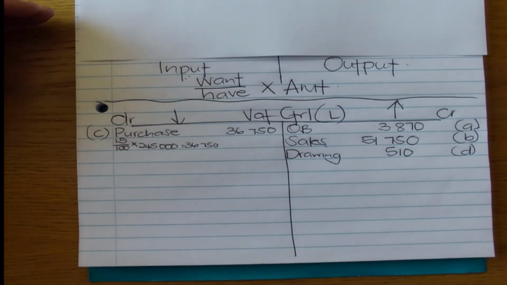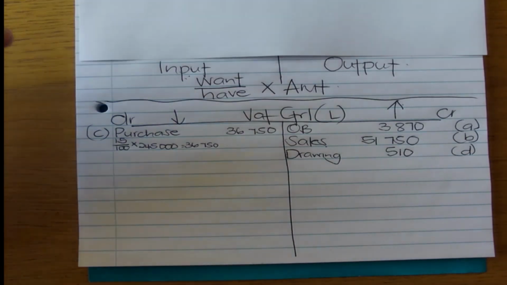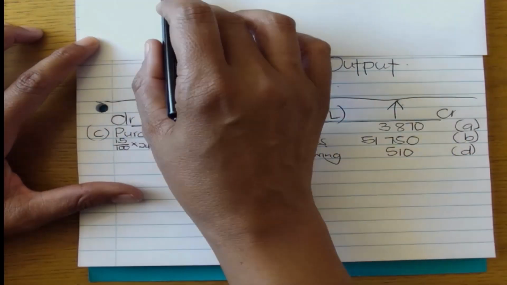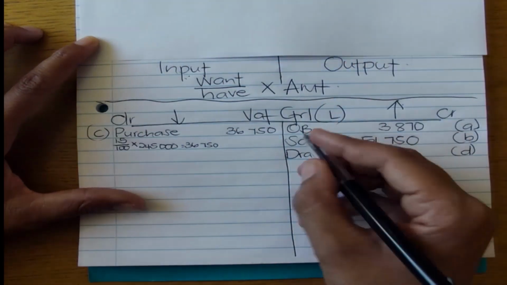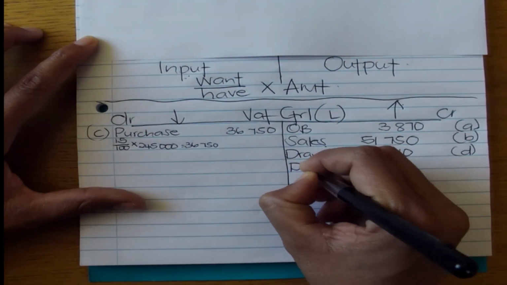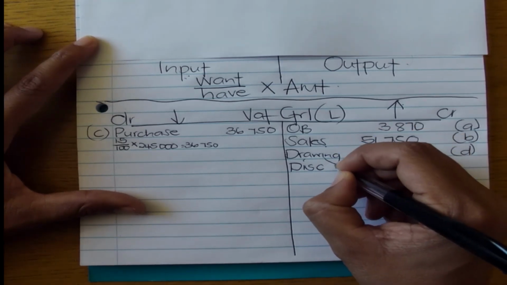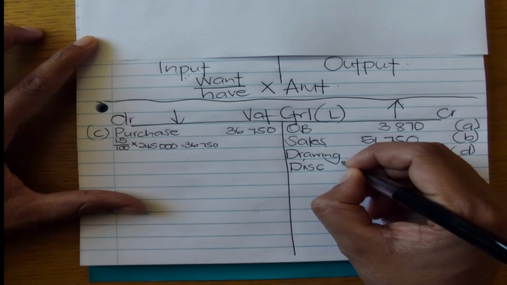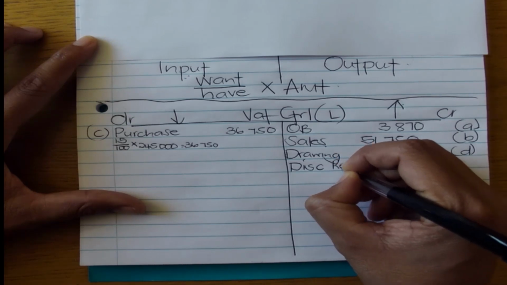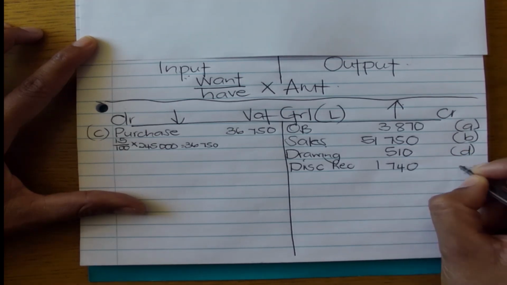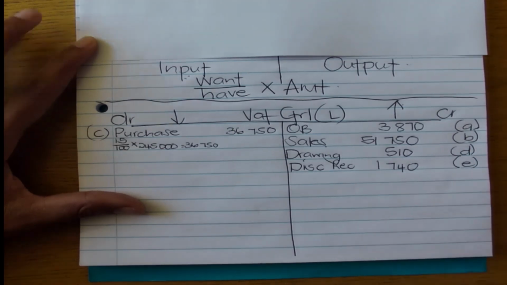You were supposed to pay 15 Rand. Now you get the discount from the supplier. You still need to pay the VAT. So the VAT on this discount still needs to go to SARS. Even if you got the discount, SARS still needs to get their share. Discount received, and the amount is 1740, and this is E.